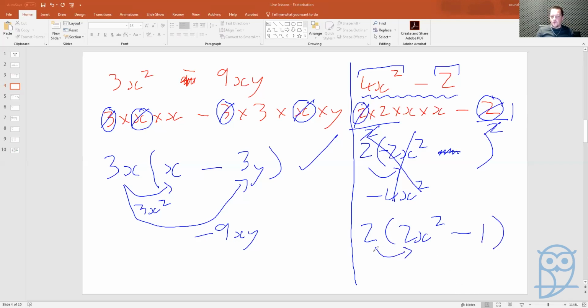So that when I distribute in, 2 times 2 gives me 4x squared. And then 2 times minus 1 gives me minus 2, my second term that I needed. So if you take out the whole thing, you need to have this 1 here. Crucial, crucial, crucial.